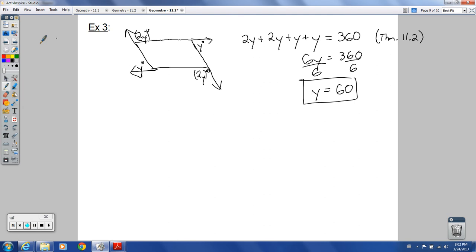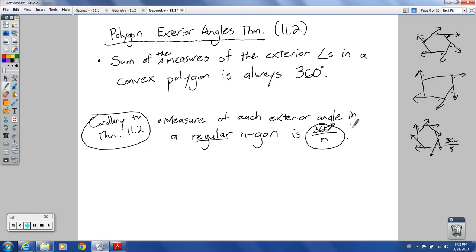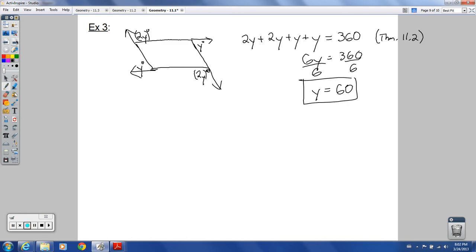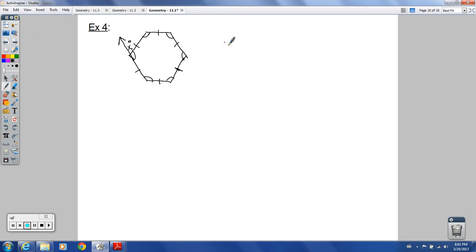Now we'd use the corollary to theorem 11.2, and to say it's 360 divided by, in this case, there's 6 sides, so it's 360 divided by 6. This is the corollary to theorem 11.2.